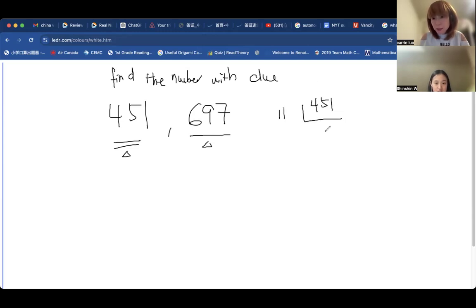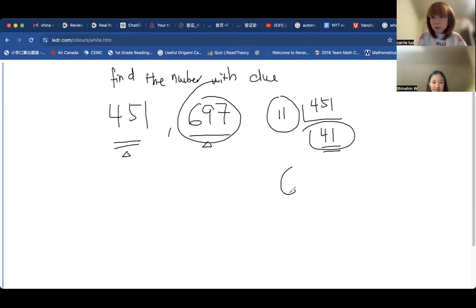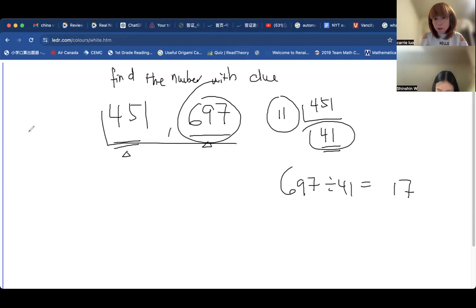This one divided by 11 equals 41. Obviously 697 cannot be divided by 11, but do you want to try 41? You immediately divide by 41, and you know it equals 17. So their greatest common factor is 41.